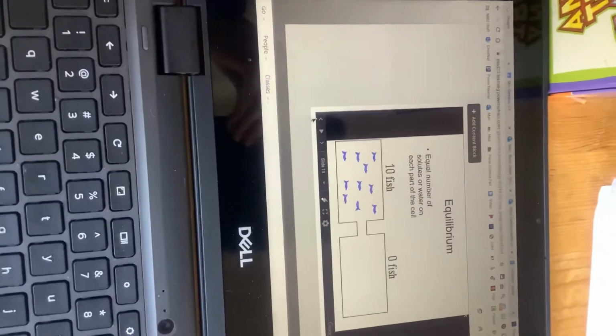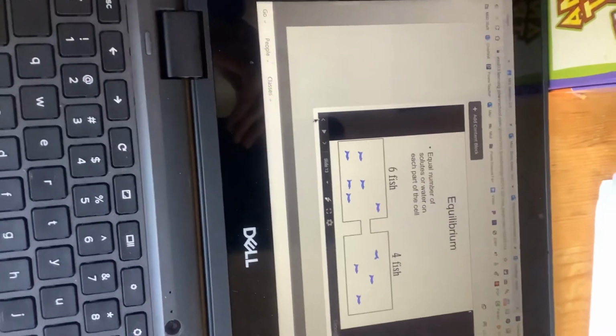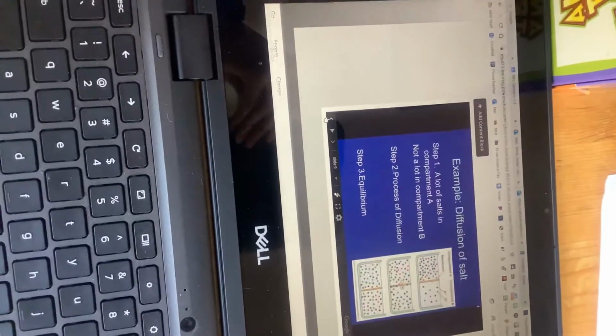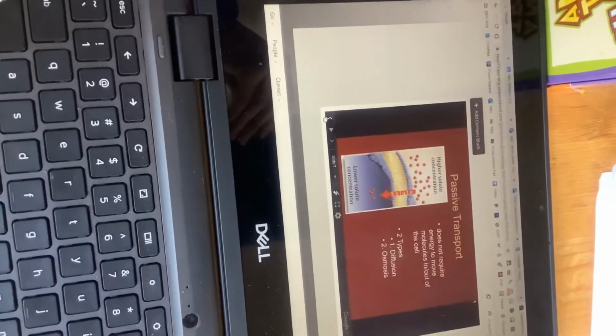So just so you know what I'm doing, I am going back to slide 7. Passive transport. Particles moving from high to low. High to low is passive transport. Let's see, is that a choice? It is. D.